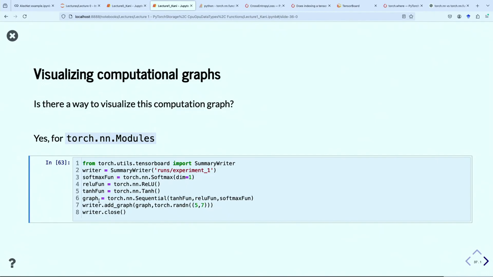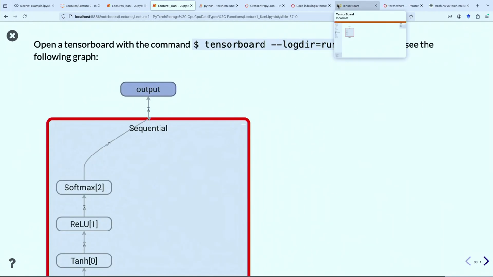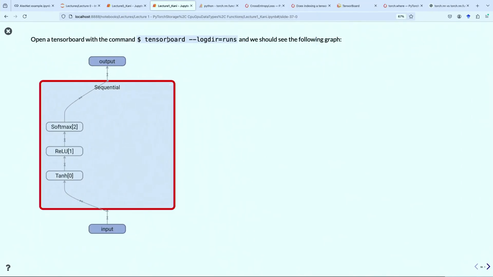We have different activation functions, and then we define some particular graph, which is, I guess, these three activation functions sequentially. And we define an input to the graph, a 5 by 7 input. Then we can visualize it using a nice little utility called TensorBoard.